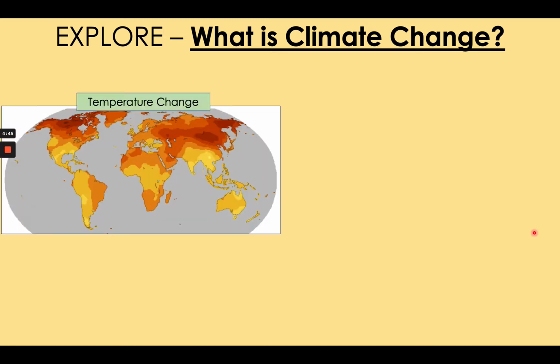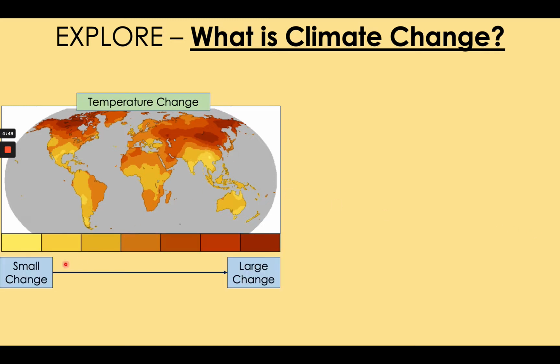This map shows temperature change around the world. The lightest yellow means the smallest change, and the darkest red means the highest change, the largest change in temperature. And all the changes that we're talking about are warming. So this area here, for example, is warming very little, and these areas here are warming the most. Two big ideas you need to know about this.